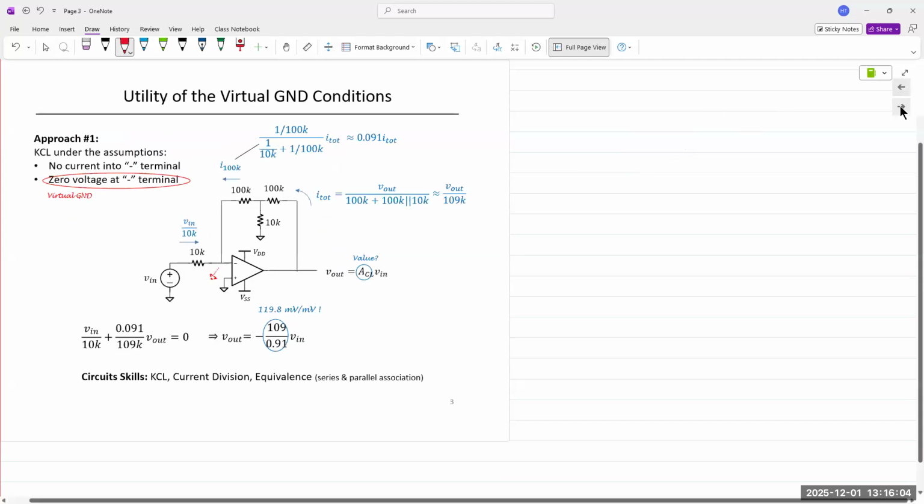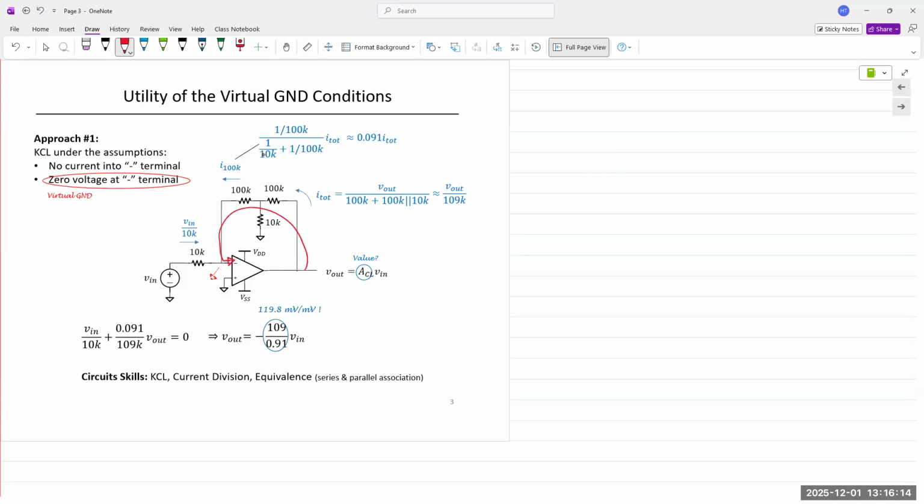So let's look at this example. We have a circuit with negative feedback. Output is being fed back into the negative terminal. Non-inverting terminal is connected to ground.